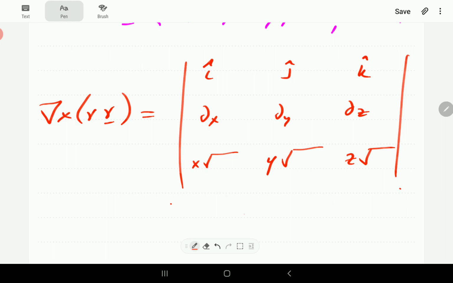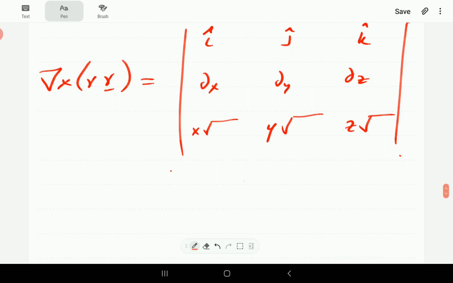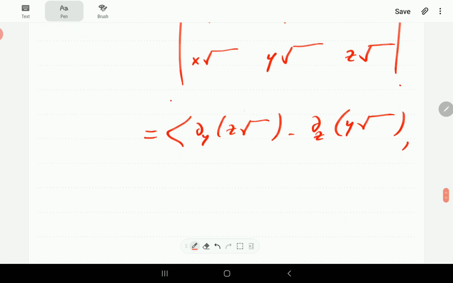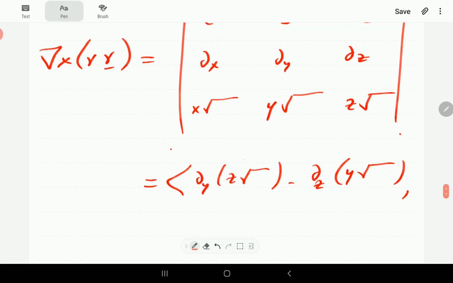For the i component, it's the y derivative of z times the square root of x squared plus y squared plus z squared, take away the z derivative of y times the square root of the same thing.